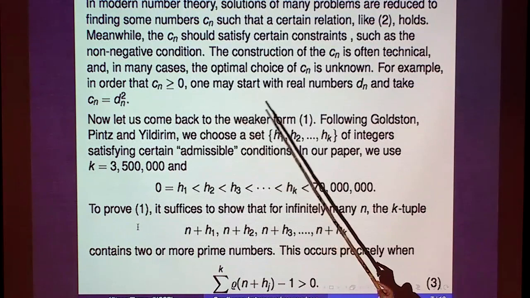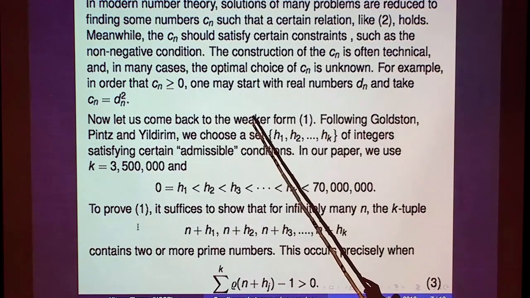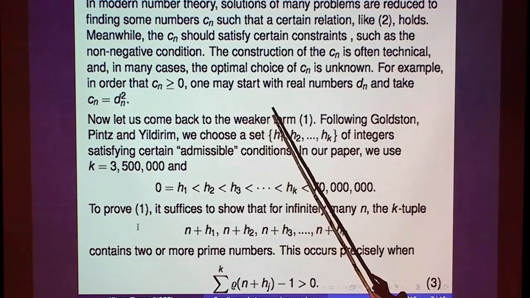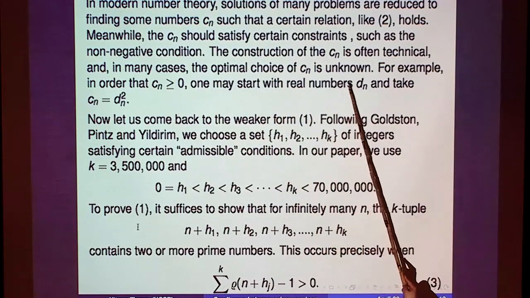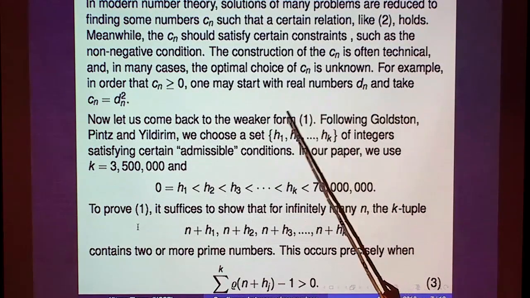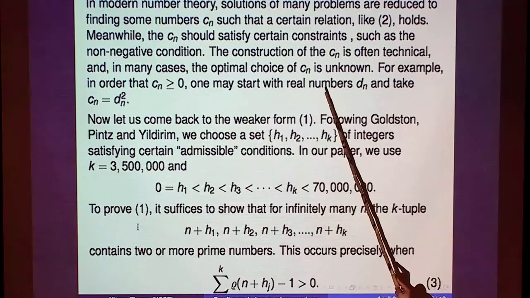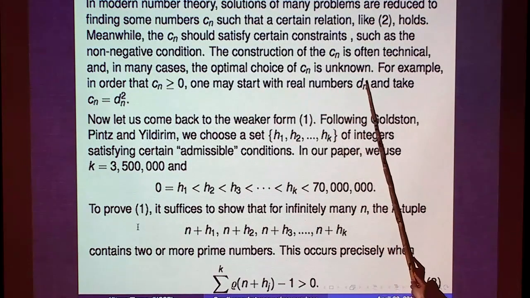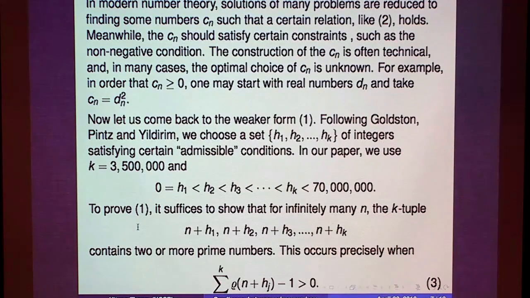Like in modern number theory, solutions of many problems are reduced to finding some numbers C sub n such that a certain relation, like formula 2, holds. Meanwhile, the C sub n should satisfy certain constraints, such as the so-called non-negative conditions. But usually it is very difficult.